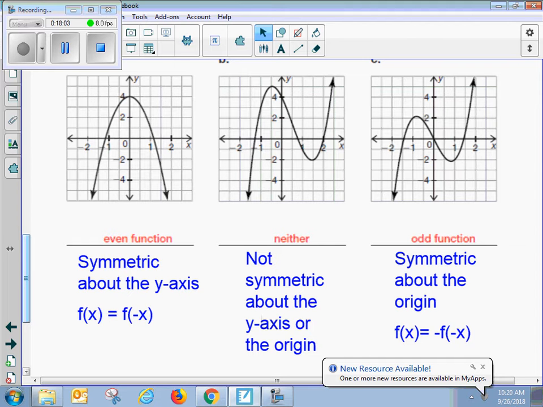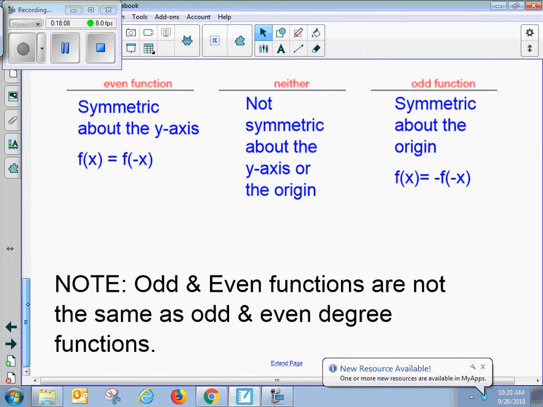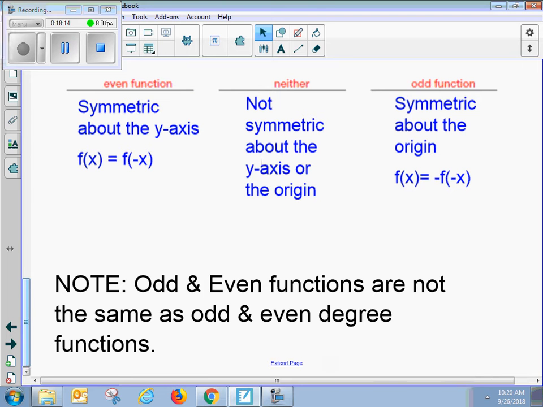Okay? Question. Okay, since this question came up last hour, I typed it in. Odd and even functions, what we're doing right now, is not the same thing as saying odd and even degrees. A degree is like the biggest exponent there. So I look at that, but that isn't the whole thing.